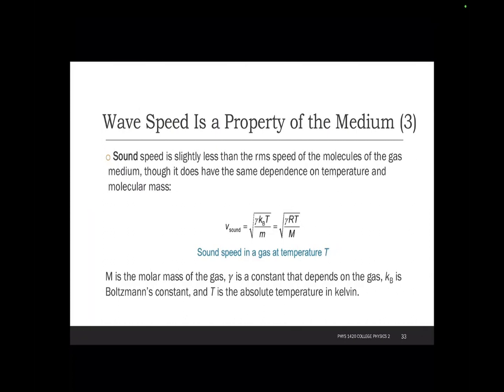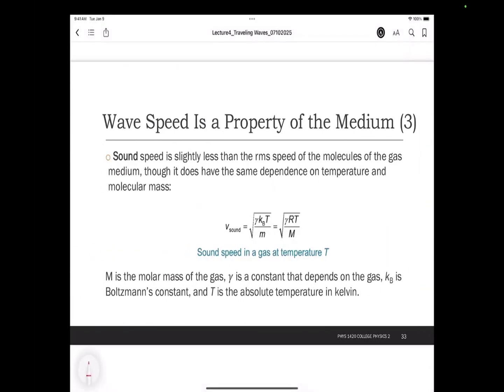The sound speed in a gas should be determined by this equation, where T is temperature and M is the molar mass of the gas.